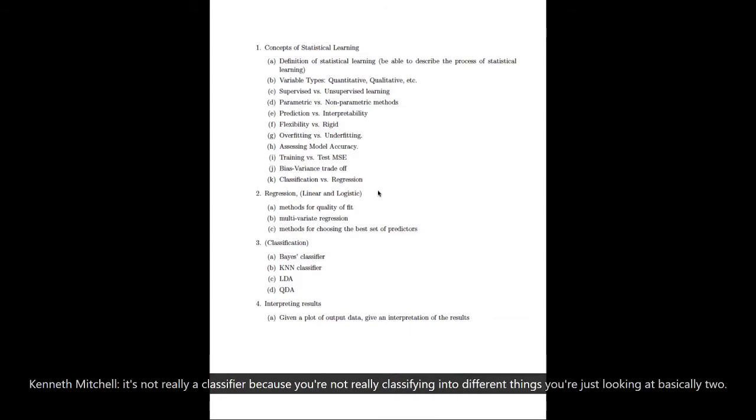It's not really a classifier because you're not really classifying into different things. You're just looking at two different classes with logistic regression.